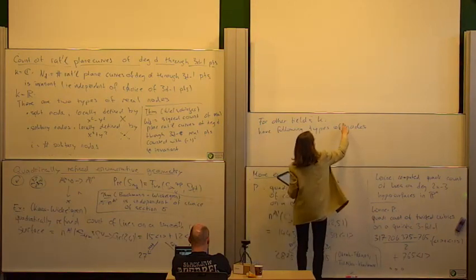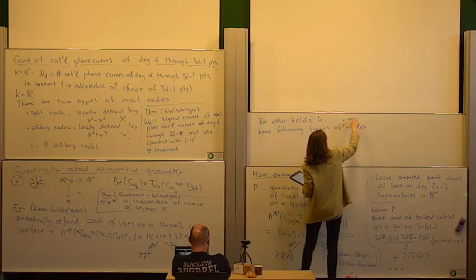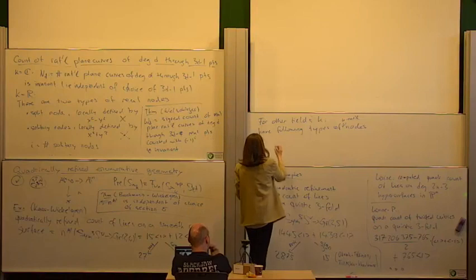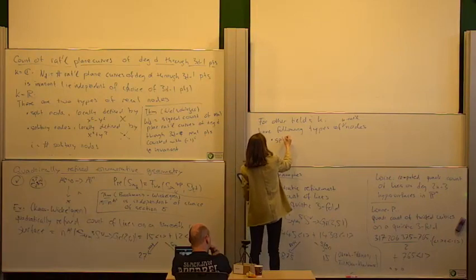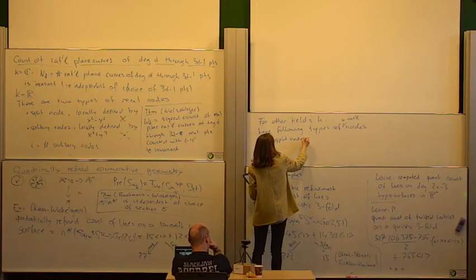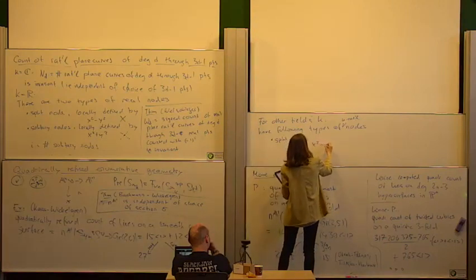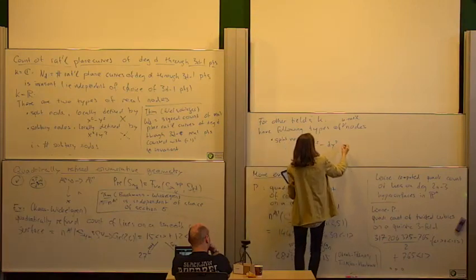Let's say K-rational nodes, because of course they could be defined over a field extension. Again, we have the split node, but now I write the local equation for this a little bit differently, but it's the same in the case of real numbers.